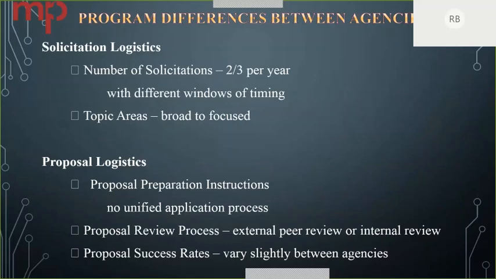In most all of the agencies, the topic areas are either broad or focused. They go from broad to focused. To give you an example, an agency like NIH. NIH is an agency where your focus is very broad. It's not focused.